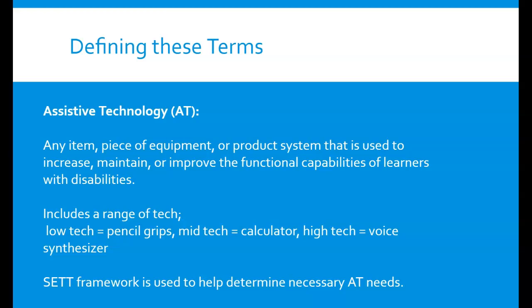Those tend to fall under accommodations, but could be here if the team determined that this was more a form of AT and not just an accommodation. There is something called the SET framework, which we won't get into in this class, but it is a document that allows you to, as a team, determine if it is necessary for the student and the environment for this child to have AT.